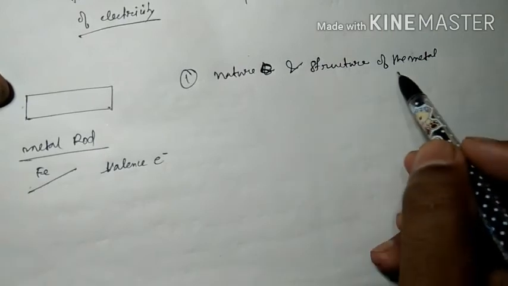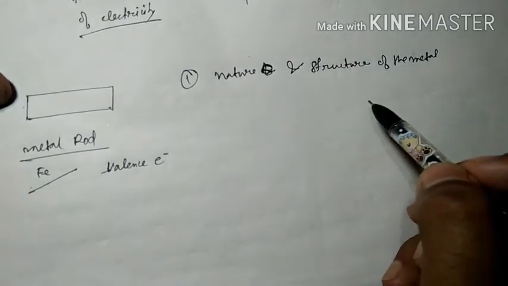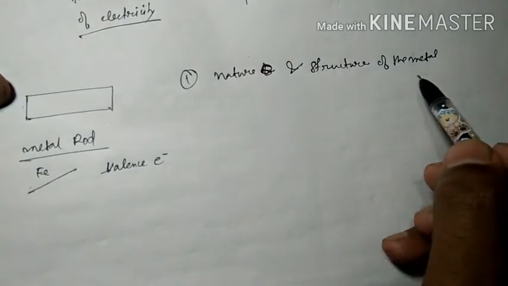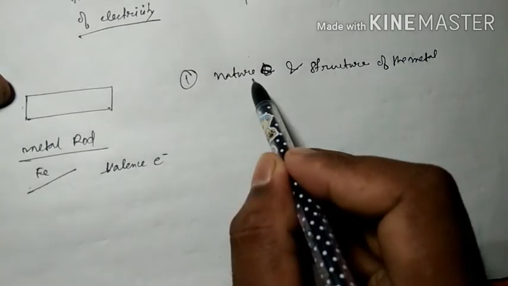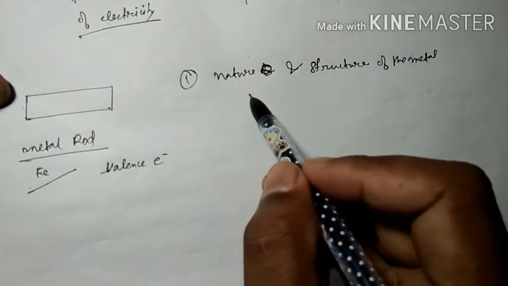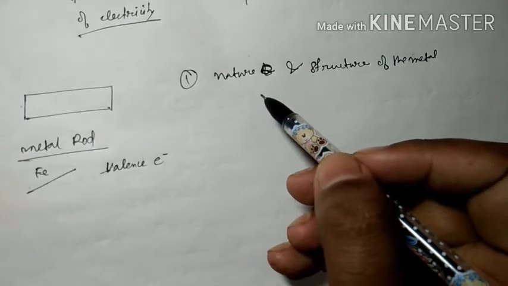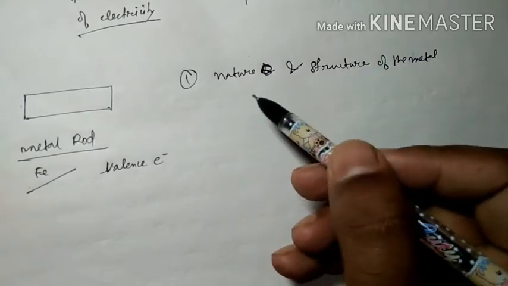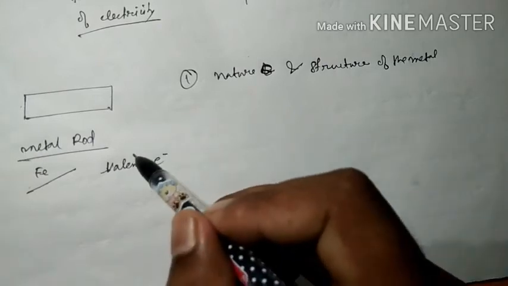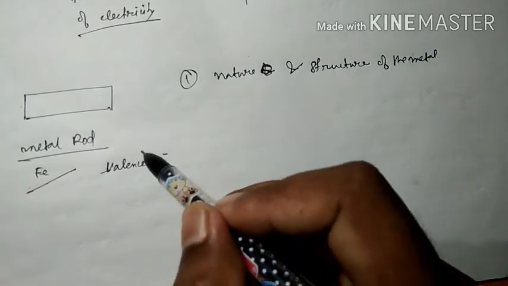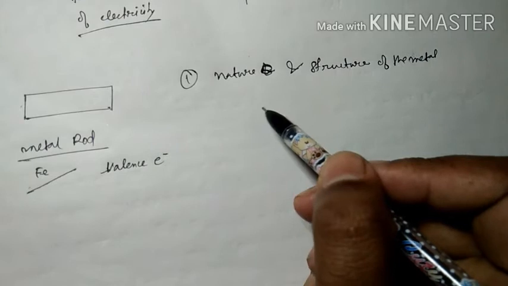Nature and structure of the metal means what is the structure of the metal and what is the nature of the metal. That means if it is a covalent type of compound, then it will be a less conductor, and if it is a metallic type, suppose iron, copper, aluminum, this kind of substance, then it will be a good conductor.